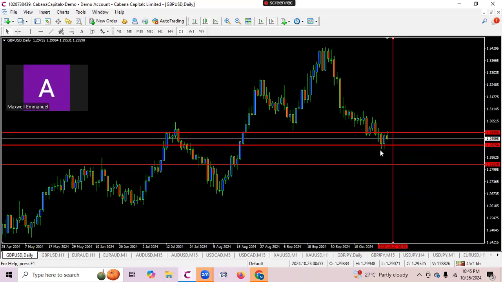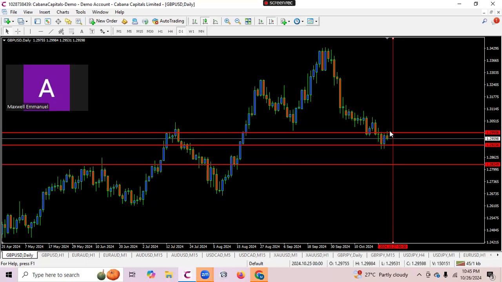I want to see them clear the liquidity residing at this previous low. After liquidity gets cleared, I wait for a bullish reversal pattern to form on a daily or 4 hour time frame before going bullish on GBPUSD. Okay, so let's go down to 4 hour.